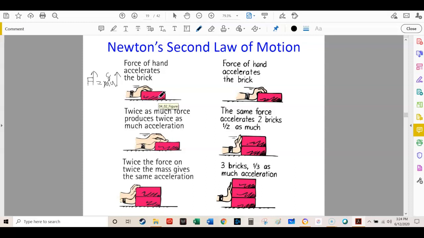So what they're doing is relating force to acceleration, right? Since mass is a constant, if force goes up, the acceleration is going to go up, as long as mass is a constant.